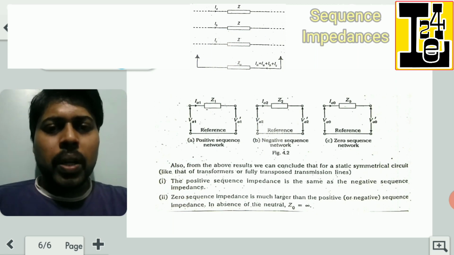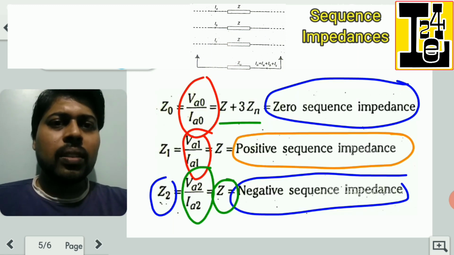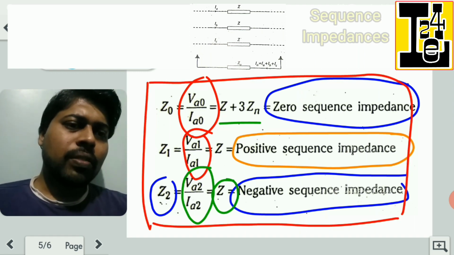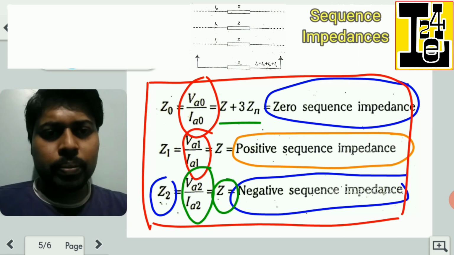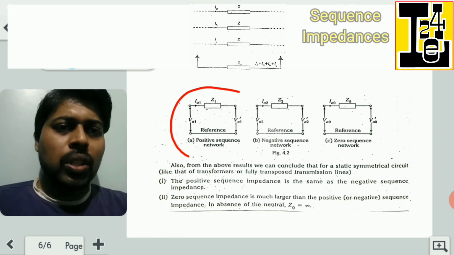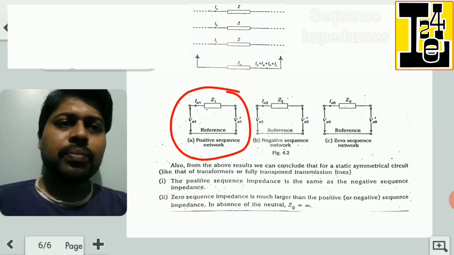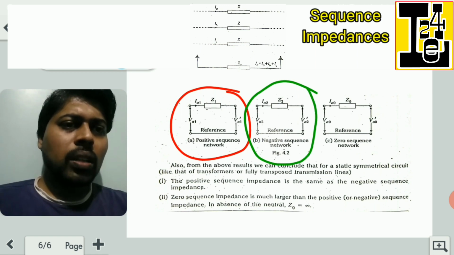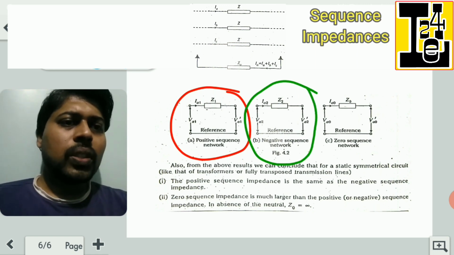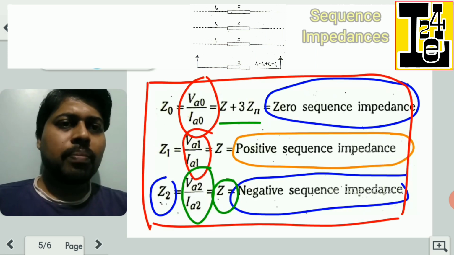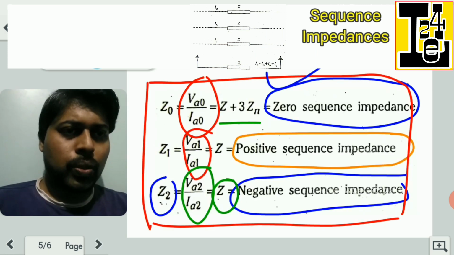We can express all these equations in terms of sequence networks. This is the positive sequence network, this is the negative sequence network, this is the zero sequence network, which are representing these three equations.